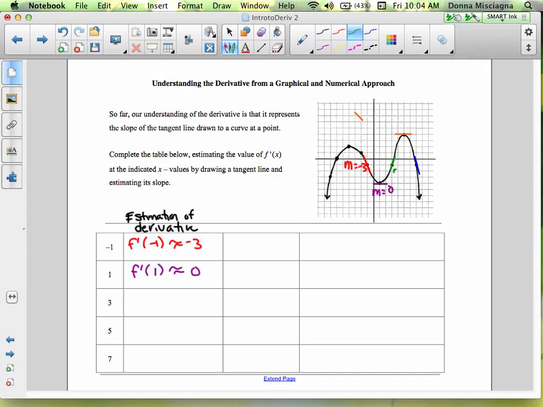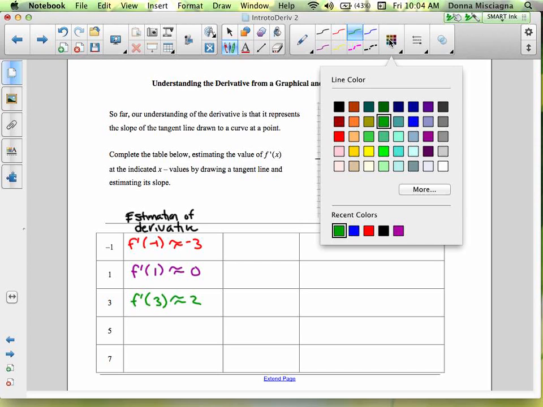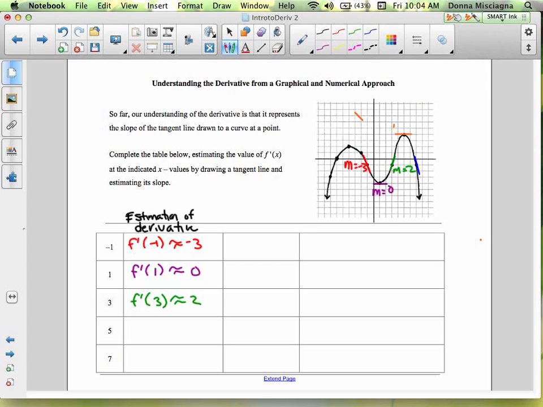Let's call it 2. So f prime of 3 is approximately 2. At 5, that's another easy one. Let me switch colors. All right, so slope is 0. So f prime of 5 is 0.